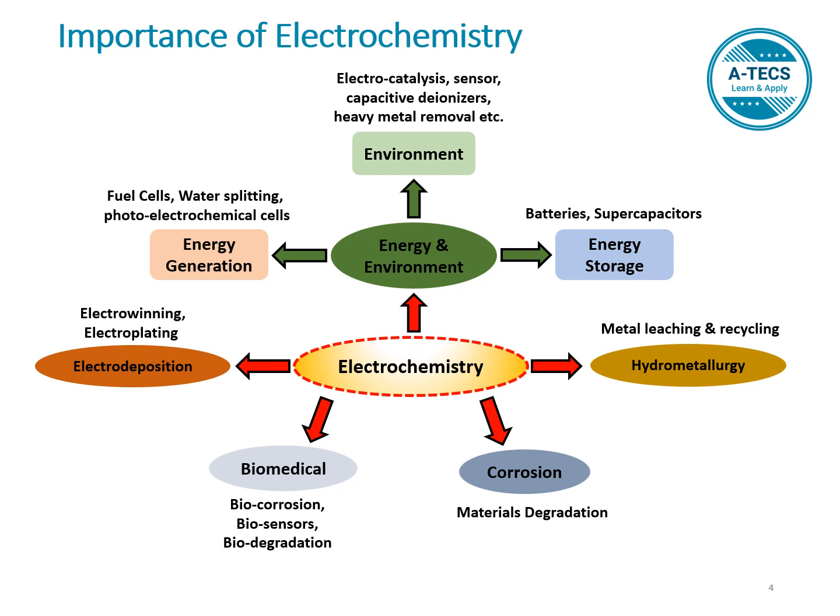On the other hand, I am showing you the examples in energy storage. We have batteries and supercapacitors. As you know about batteries very well, during the charging and discharging process, various electrochemical reactions take place within a battery system.